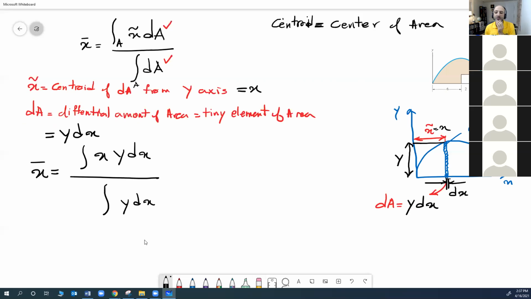I need two bounds for my integral. This one is 0. What is this one? So it moves from 0 to what? It's the other root. Which is what?